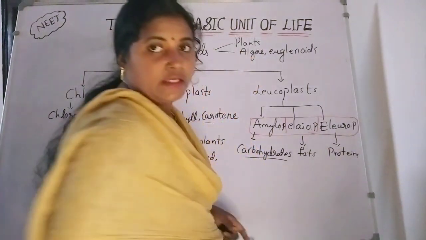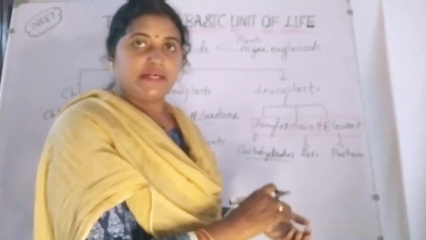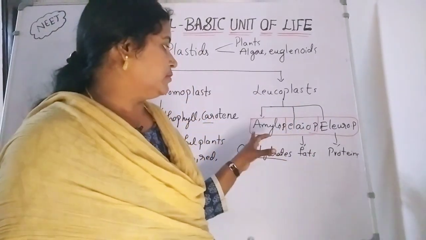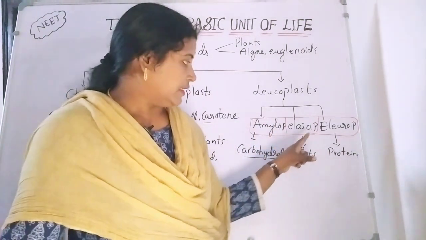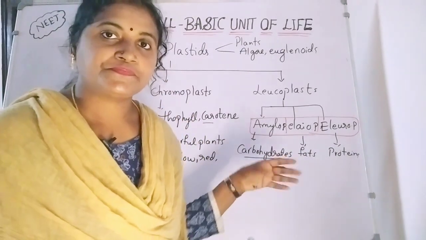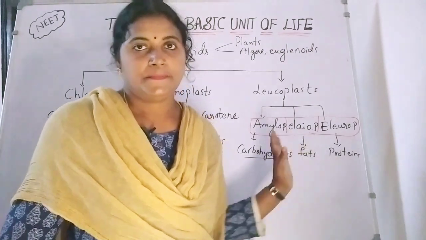So carbohydrate synthesis, fat synthesis and protein synthesis are done by these different types of plastids.